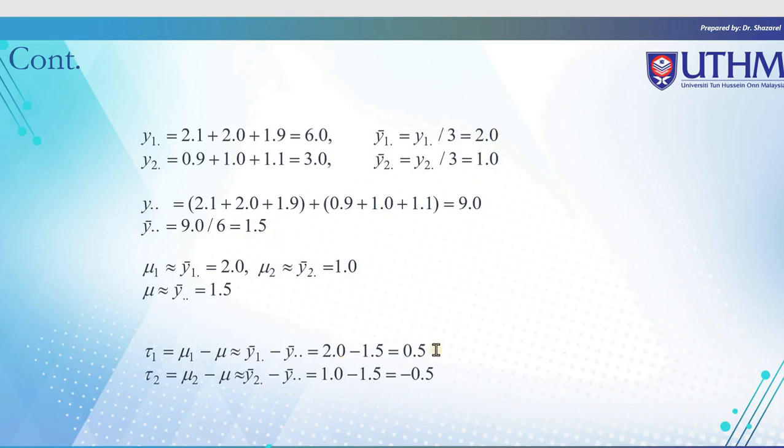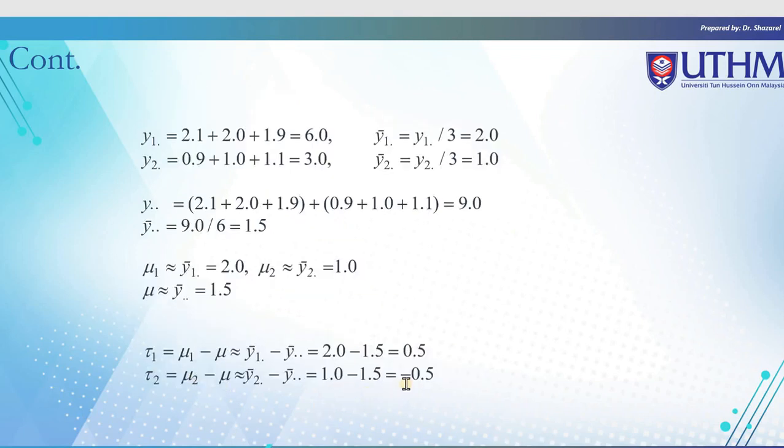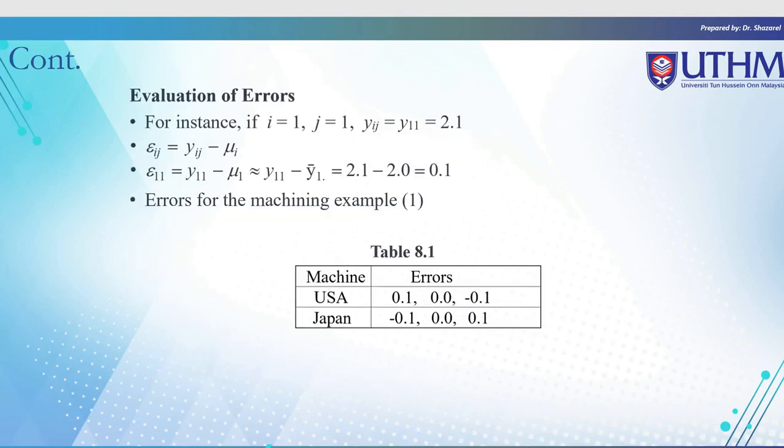So the effect of the first level is 0.5. The same for the second level, the second type, Japan, which is negative 0.5. So this is the effect of each level.